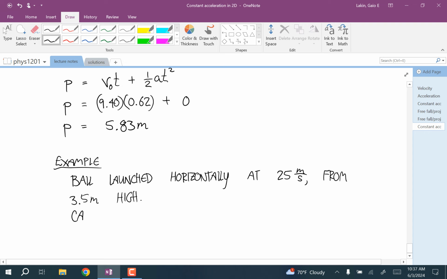And then the ball is caught 20 horizontal meters away.